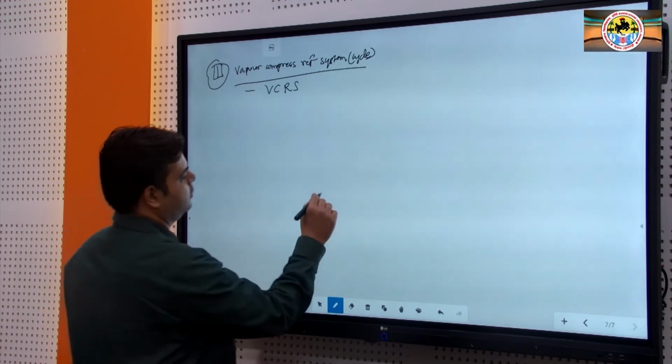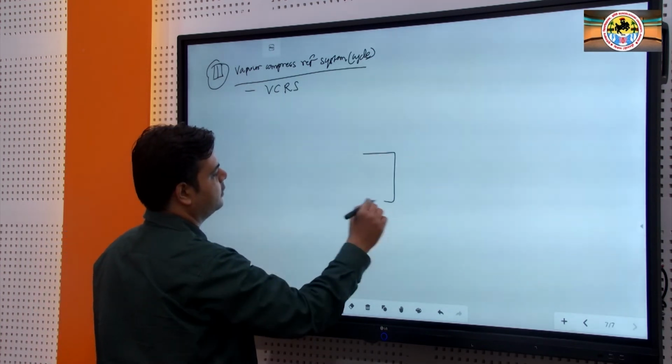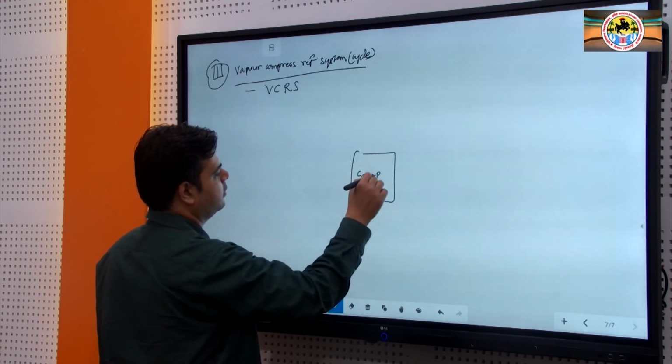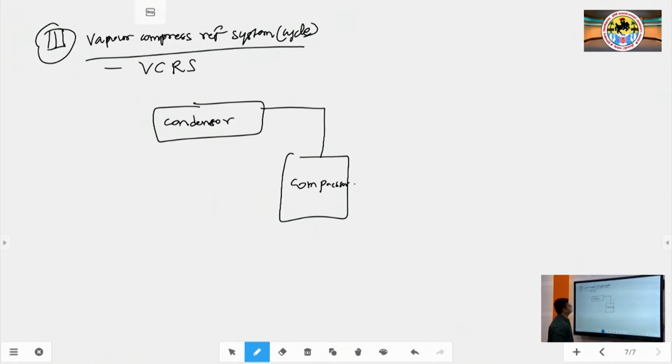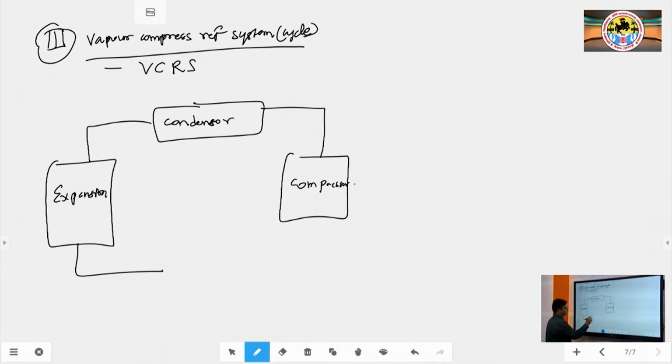In this, there is the compressor, and next the condenser, then next we have to go to expansion, and next the refrigerator or evaporator, or even say evaporator.